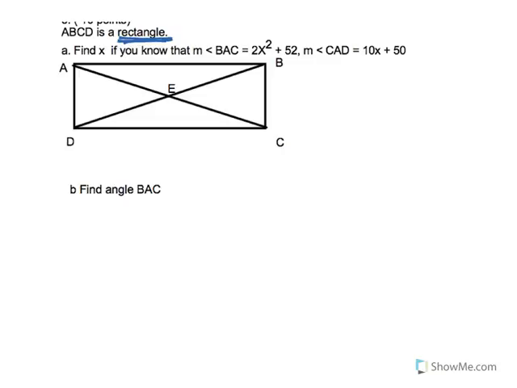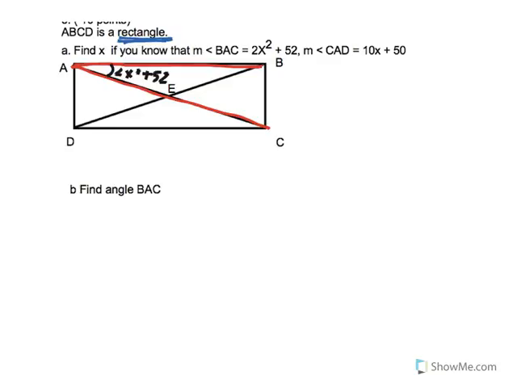Angle B, I start with B. A is the letter in the middle, so that is the vertex. C. My angle will be here. And I put the name the problem tells me. 2x squared plus 52.